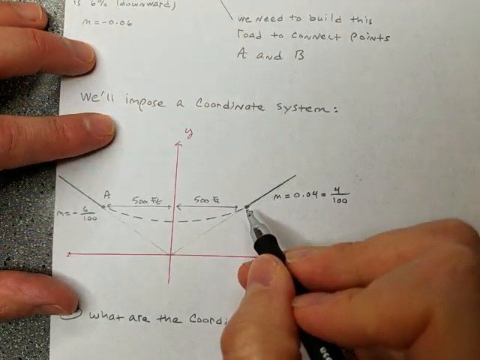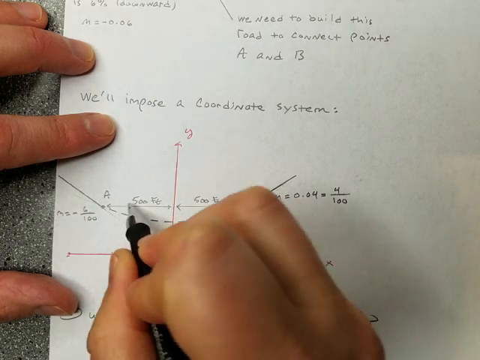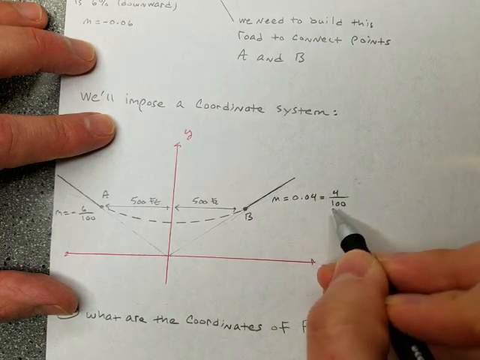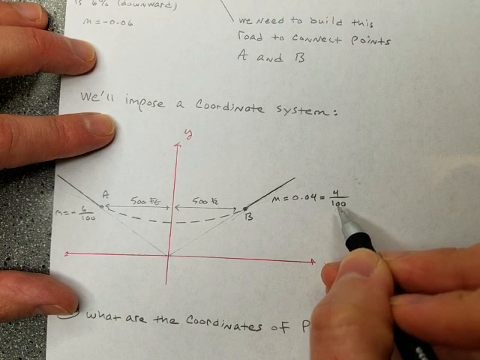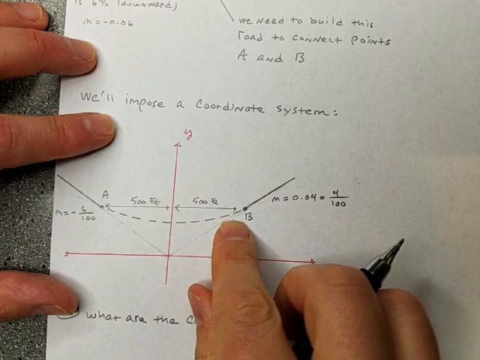What do you know about this line right here? It reaches that point. This road connects up to B, but what do you know about this? It has a slope of 4 over 100. That means right 100, up 4. Right 100, up 4.